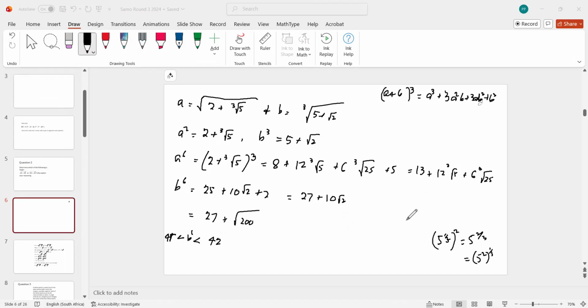Okay. Now let's have a look at the other one. This other thing is a little bit more complicated. I'm going to create some space here.